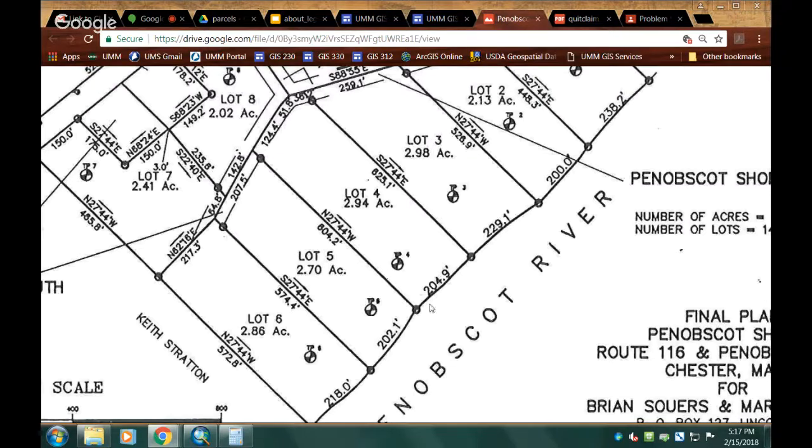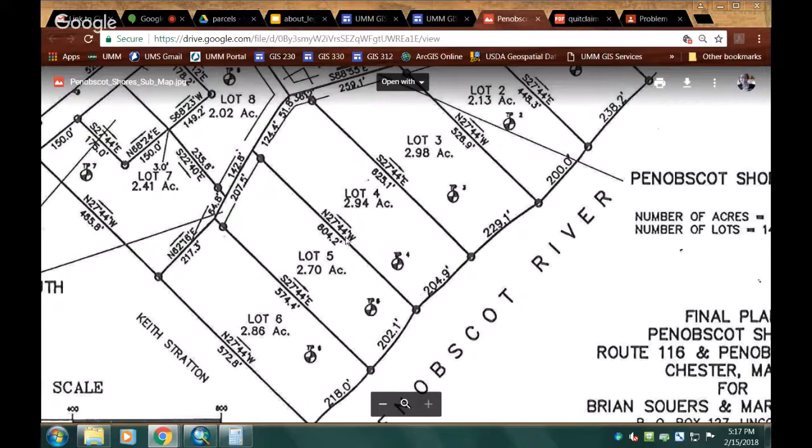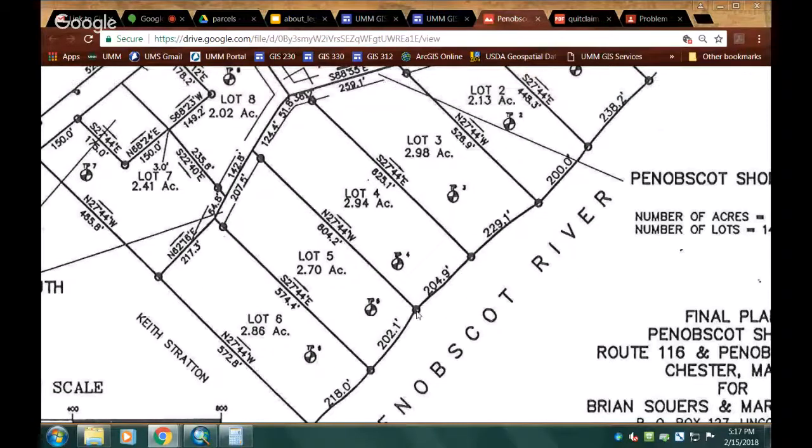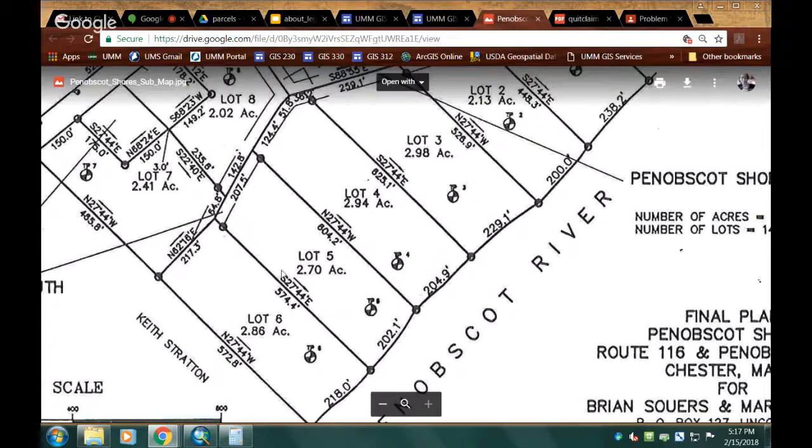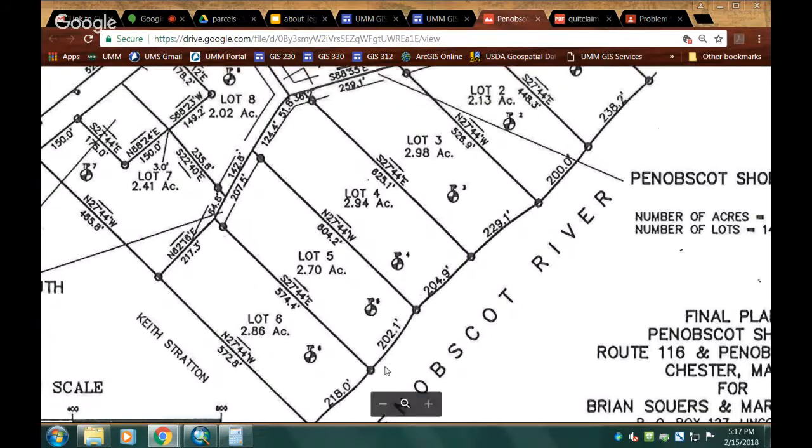And then these metes and bounds measure the direction. And this is handy because it has arrows. A lot of times you have to figure out which quadrant. But this is pointing, right? North 27 west this way, and this one's south 27 east, and so on.